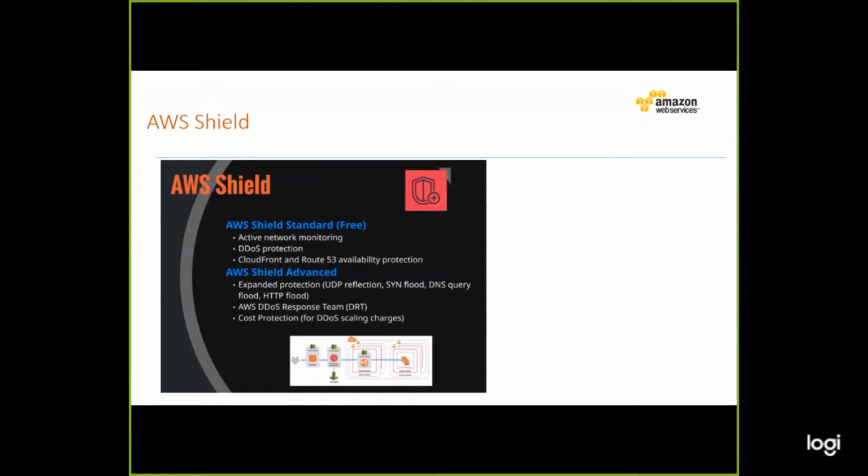If you want to have an advanced one, you obviously have to pay for the service. You will expand the protection, and you will also have the response team who help you to recover from the attack quite significantly quickly, and the cost protection will charge against the period that is being solved.